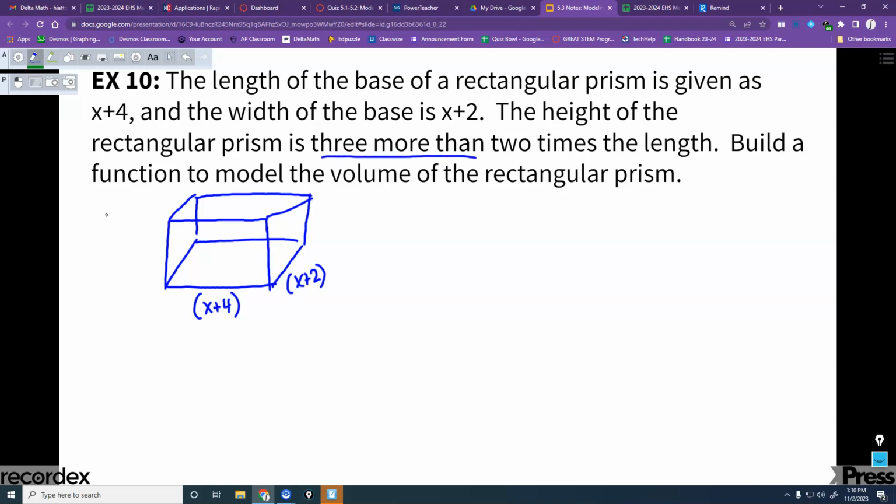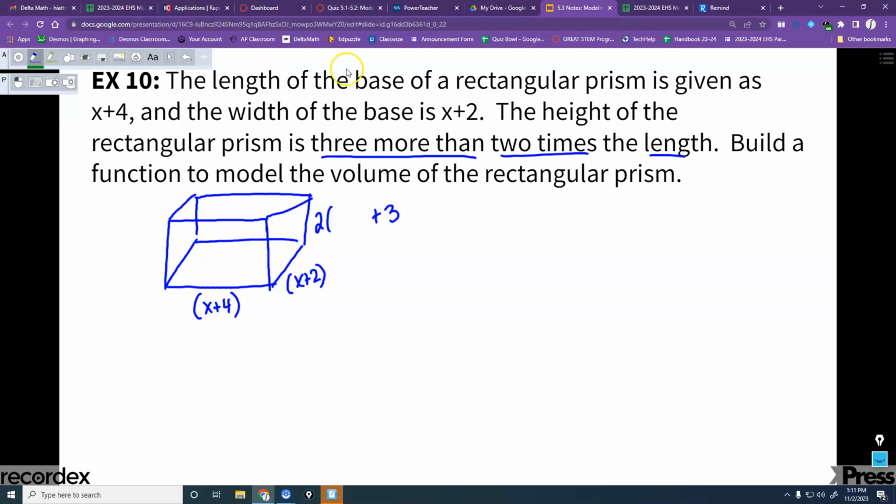Height of the rectangular prism is 3 more than. What does that tell me to do? Three more than. Plus 3. Not times 3. 2 times, so that's 2 times something. The length, what was the length? Not just 4.